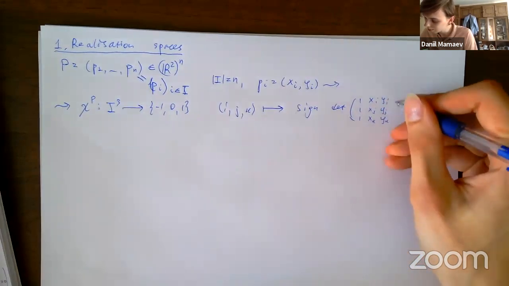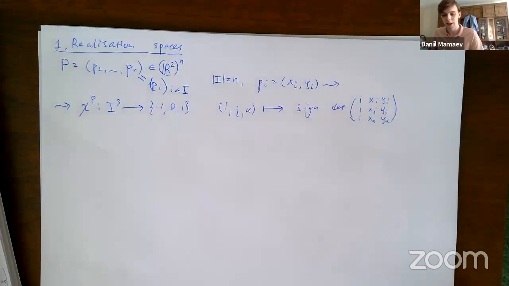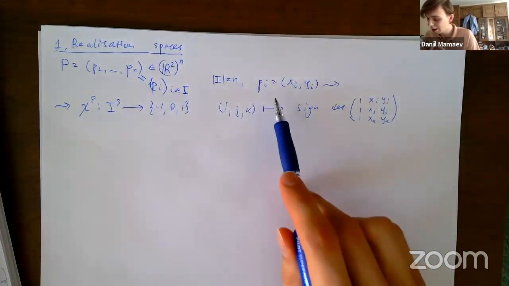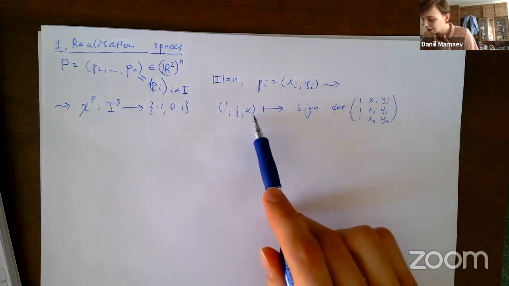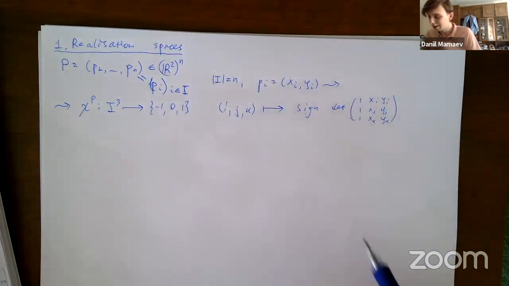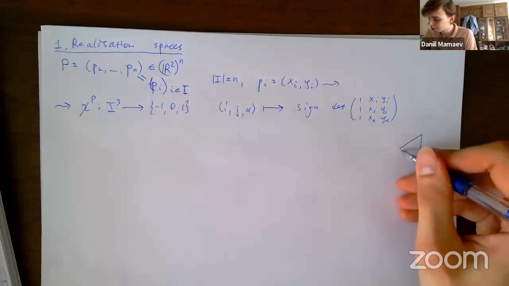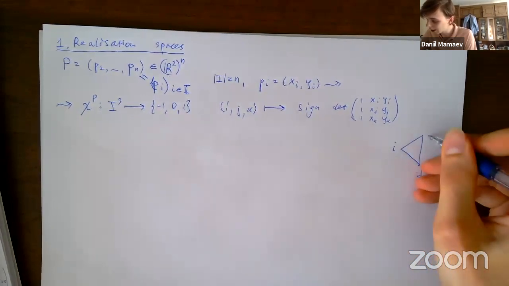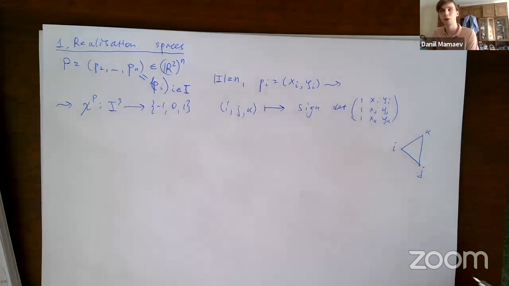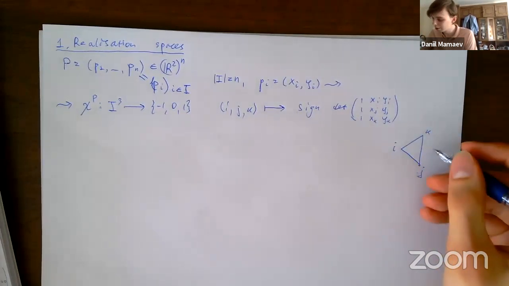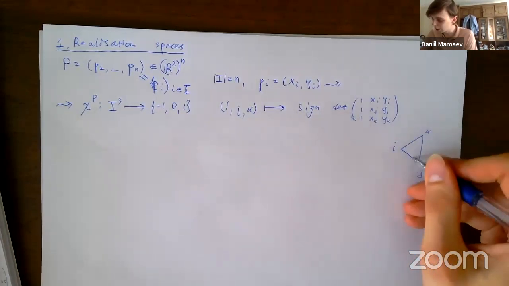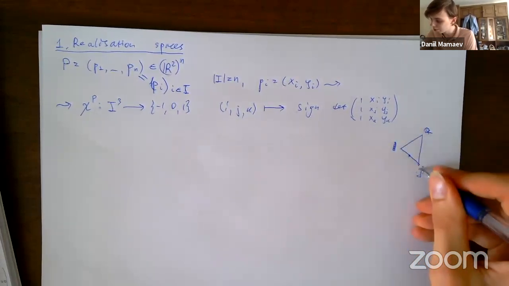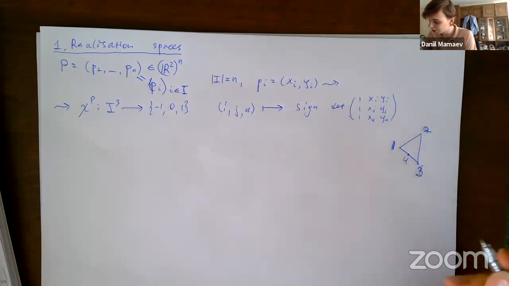It's equal to 1 if p_i, p_j, p_k is a triangle in counterclockwise order. Suppose we have something like this: 1, 2, 3, and 4.